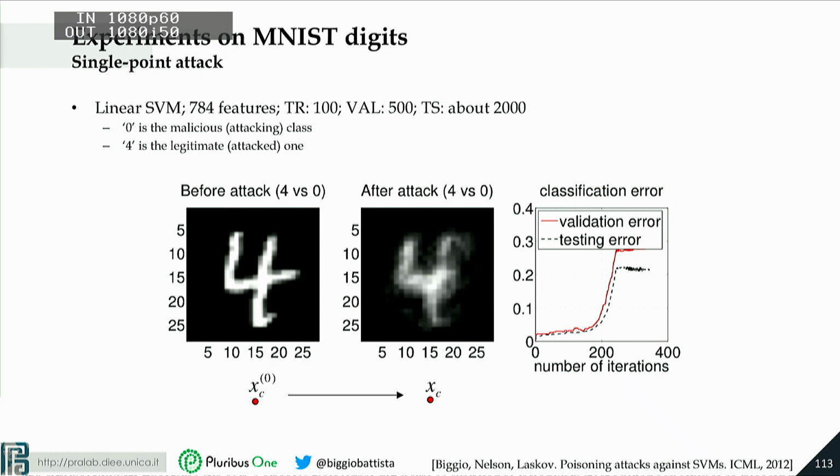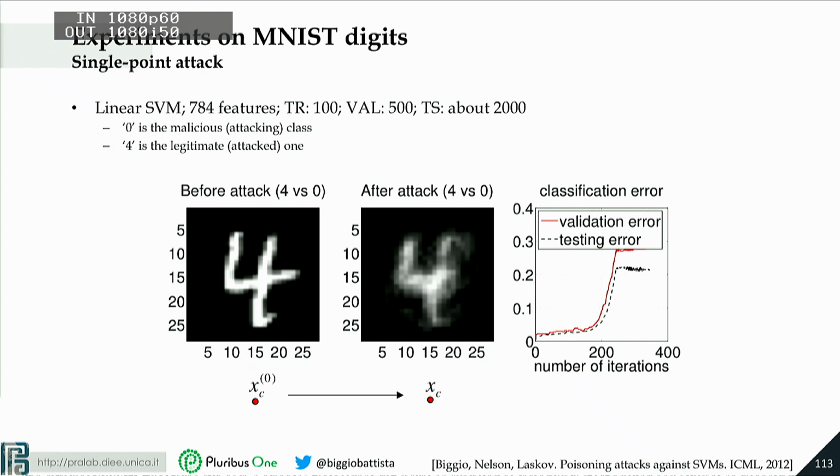If you just flip the label of this sample, the error goes from almost 0 to, let's say, 1%. That's iteration 0 here. That's just a label flip. More or less, SVM is robust when you just flip a few labels in the training set, so nothing interesting happens here.